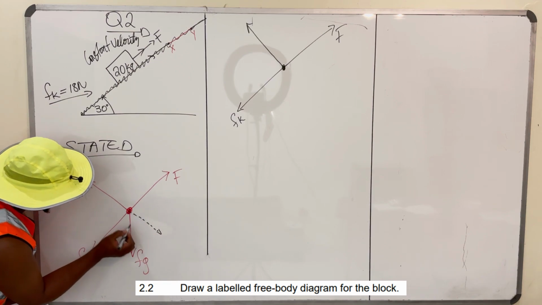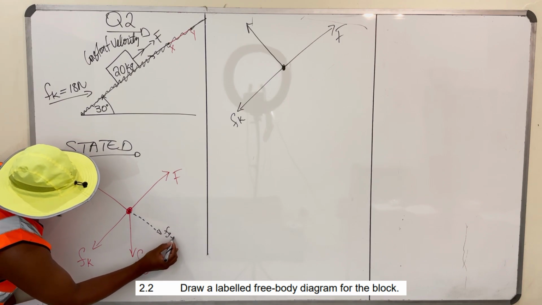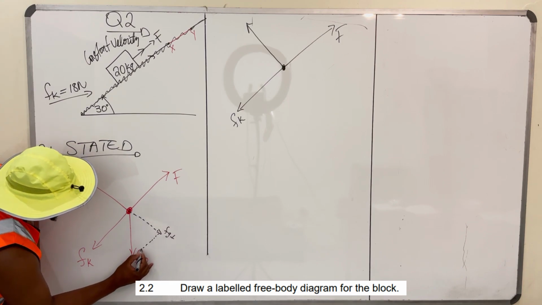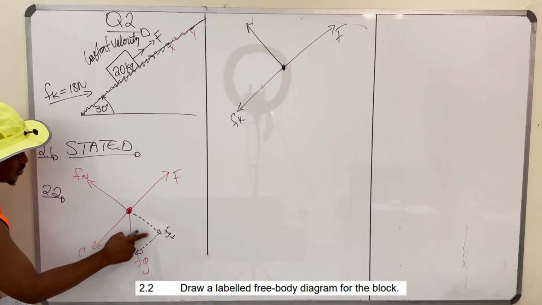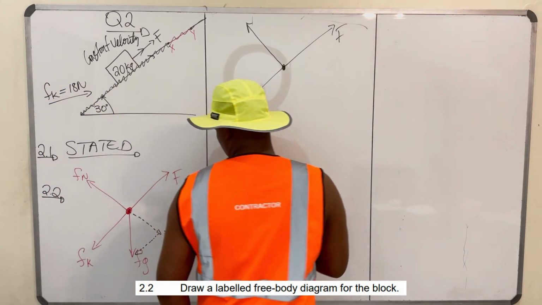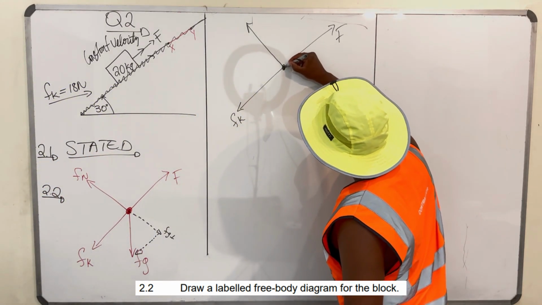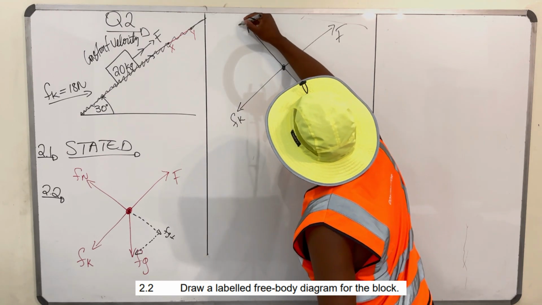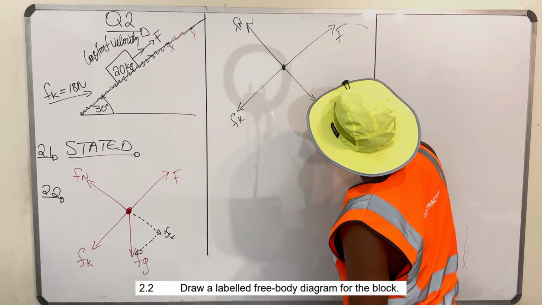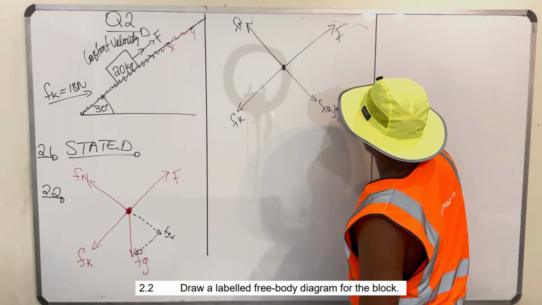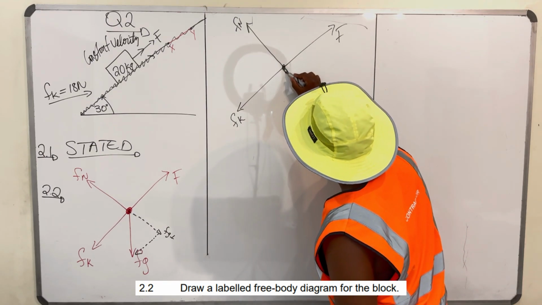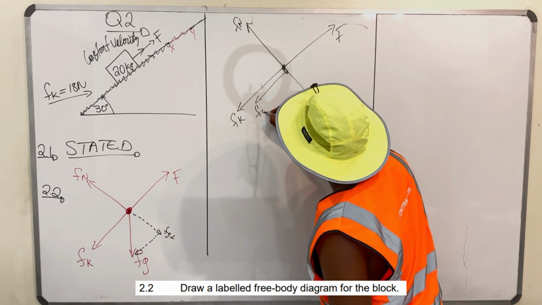One would be perpendicular to the surface and the other would be parallel to the surface. So you draw these two forces there. One will be perpendicular to the surface and the other will be parallel to the surface.